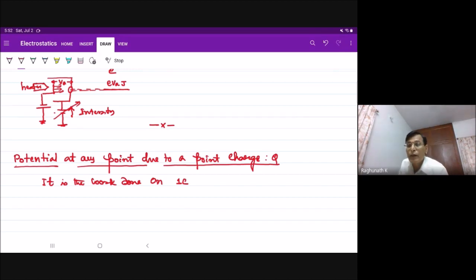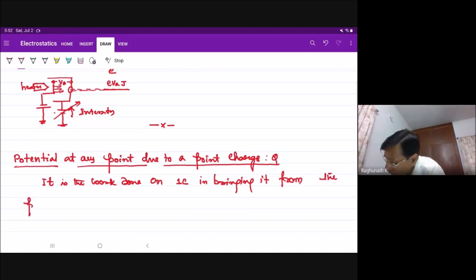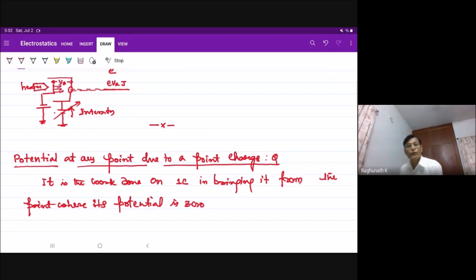Otherwise, you have to understand it as on a small positive test charge per unit of the charge, in bringing it from the point where its potential is 0 to the point of interest, due to a point charge Q.